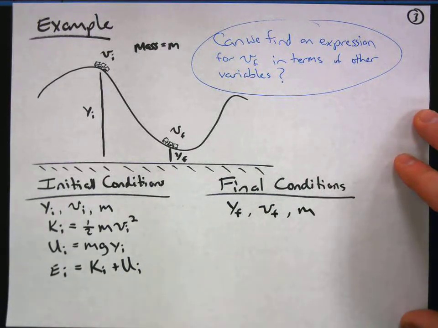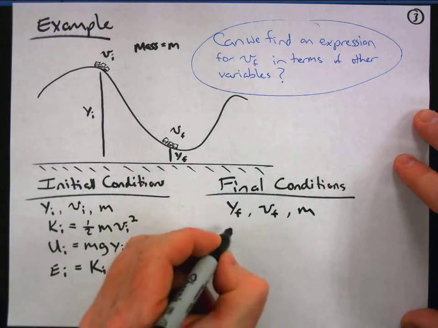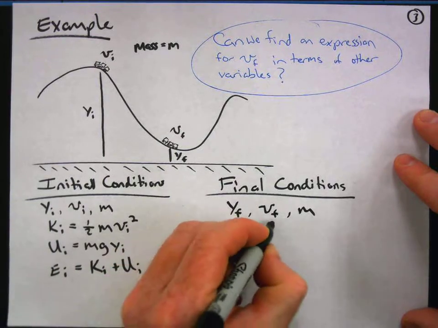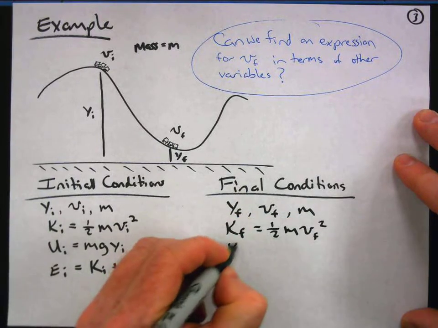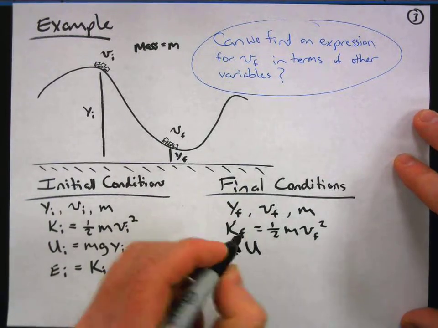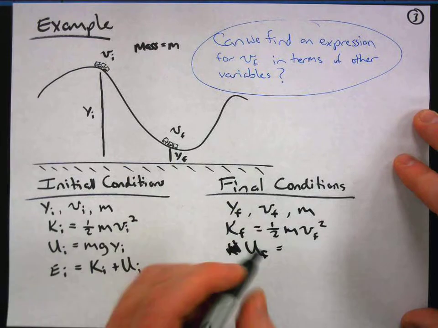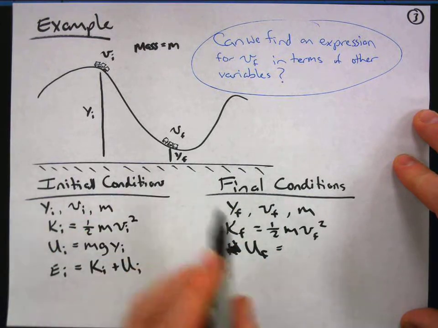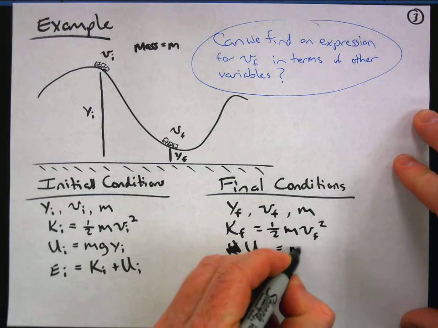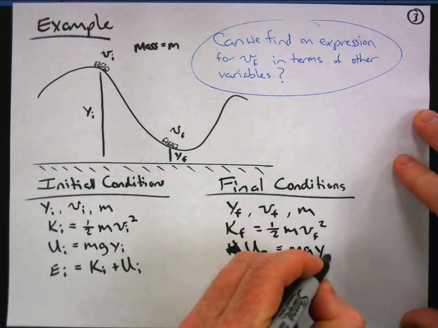There is a final kinetic energy, 1/2 m v_final squared. There is a final potential energy. And since it's gravitational, remember we're still looking at gravitational potential energy, that amount of stored energy. This would be m times g times the final position here, or final height.